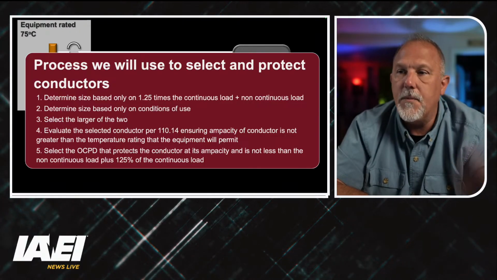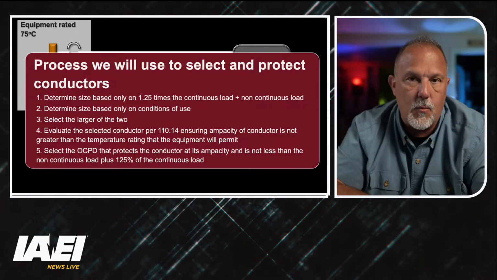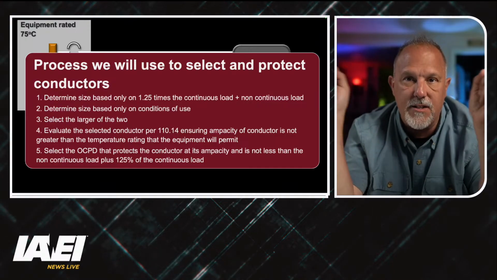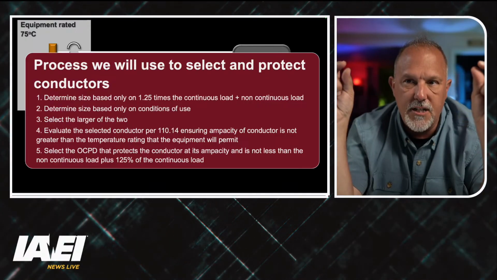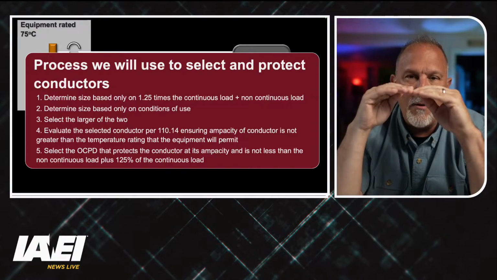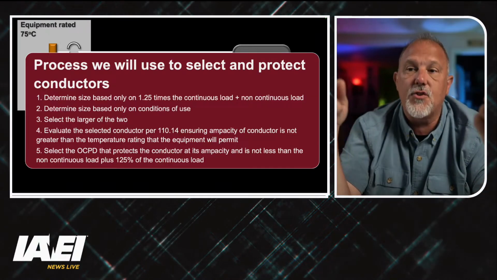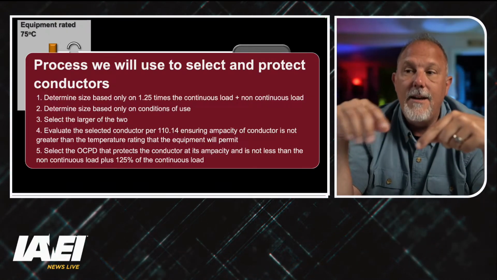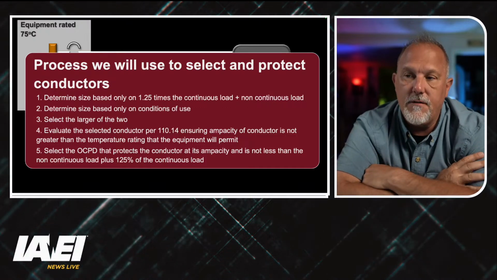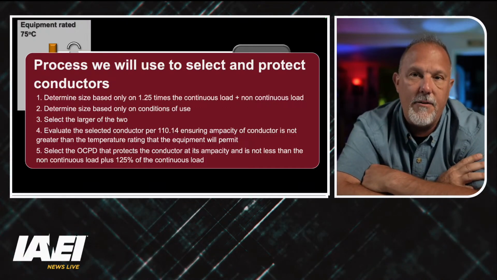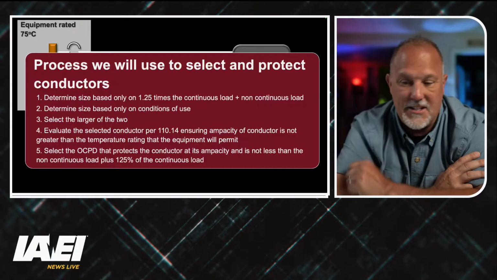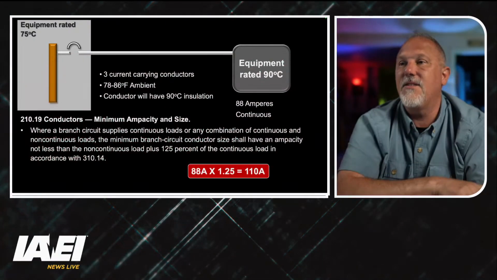Select the larger of the two. I'm going to evaluate the selected conductor per 110.14, thinking about both ends of the conductor. Make those adjustments, and then I will have selected my conductor. Then I have to make sure I can protect that conductor and make sure that the overcurrent device is greater than or equal to 125% of the continuous plus non-continuous. All right, so we're going to do that.